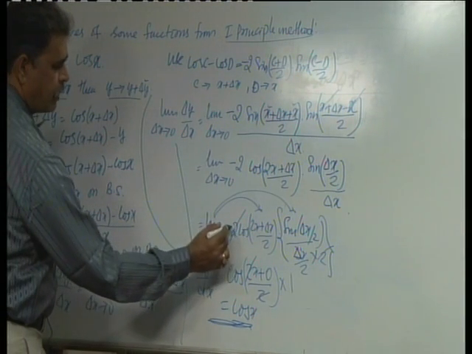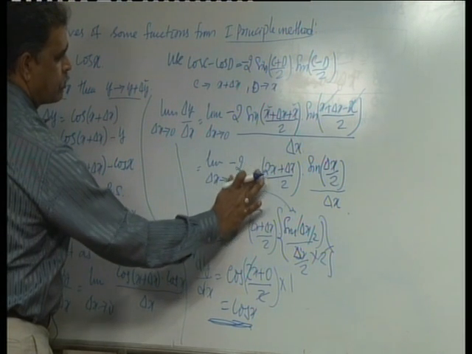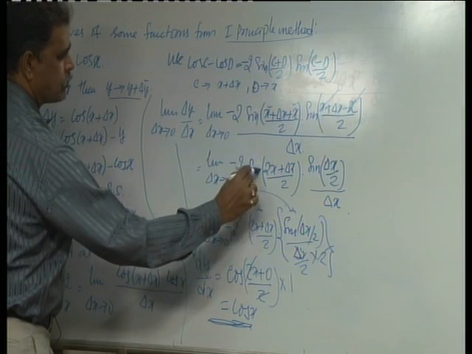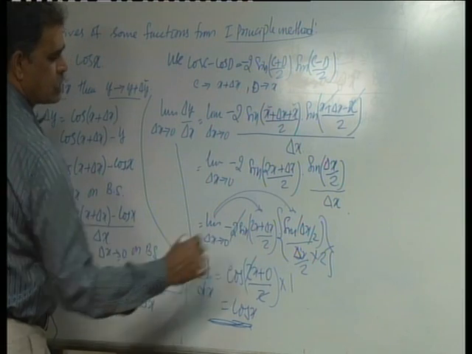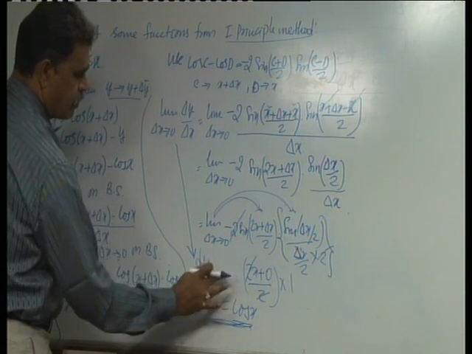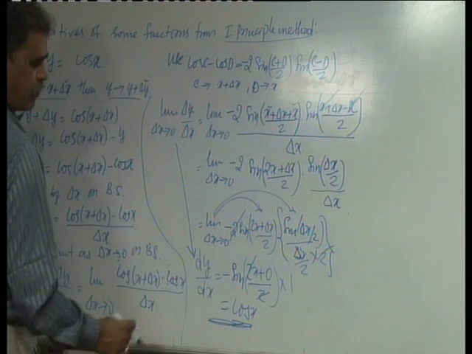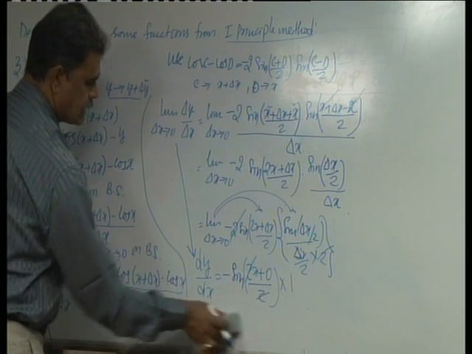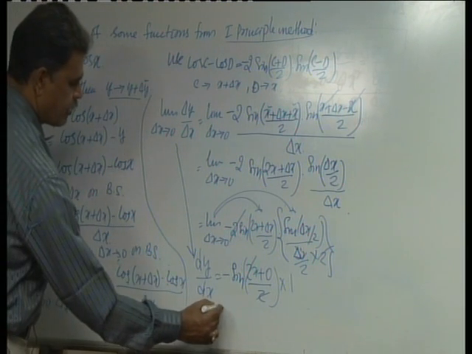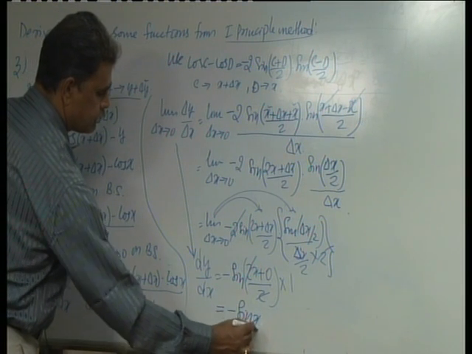Then this is minus 2, this becomes sine. This is also sine. Then finally you will have minus of sine. Differentiation of cos x is minus sin x.